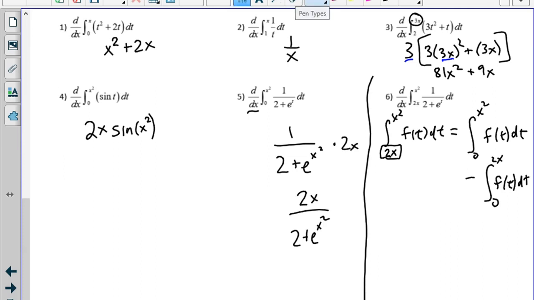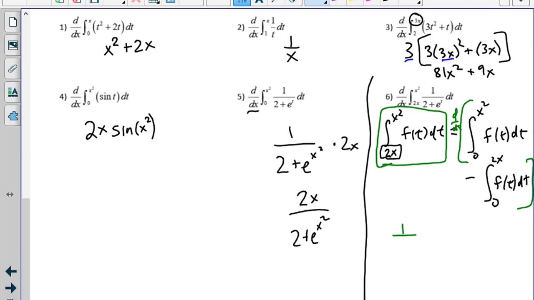So then what I end up with in this case, in order to solve this problem, I find these 2 functions. So I do the integral from 0 to x squared of f of t dt minus the integral from 0 to 2x. And recall that I'm doing all of this and taking the derivative at the end. So I use fundamental theorem of calculus.